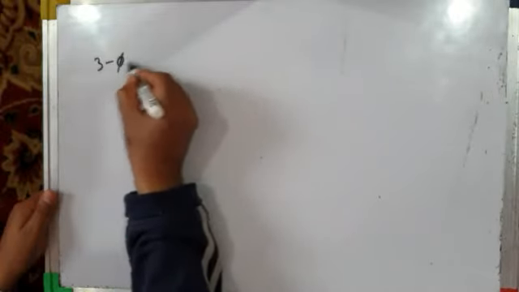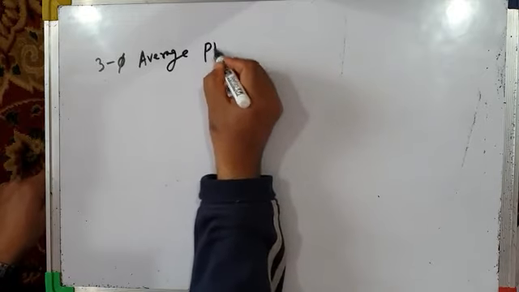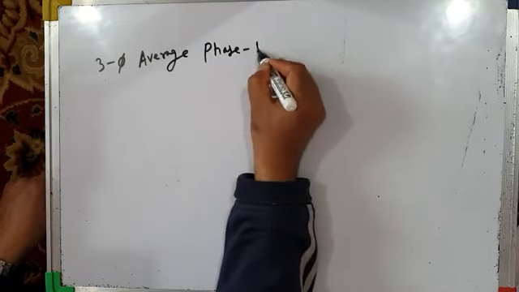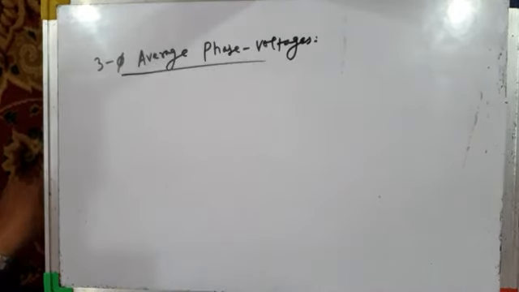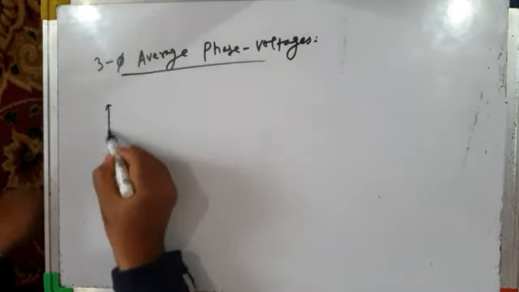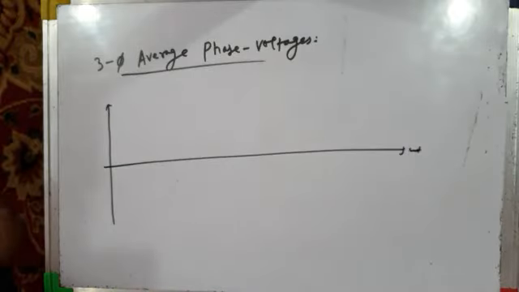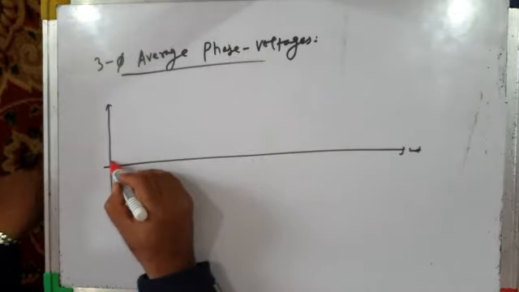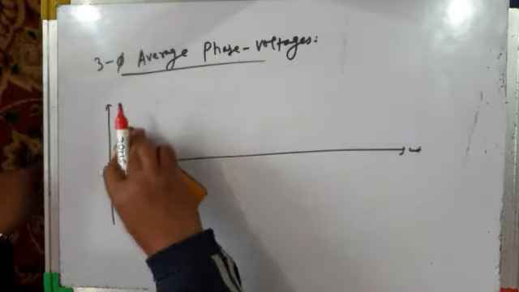What about three-phase average phase voltages? I will now write three-phase average line to neutral voltages, or phase voltages. Okay, so there will be very nearly 3-step, not exactly 3-step, but very nearly 3-step voltages like this.